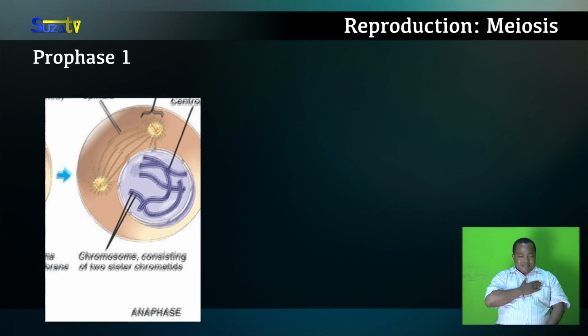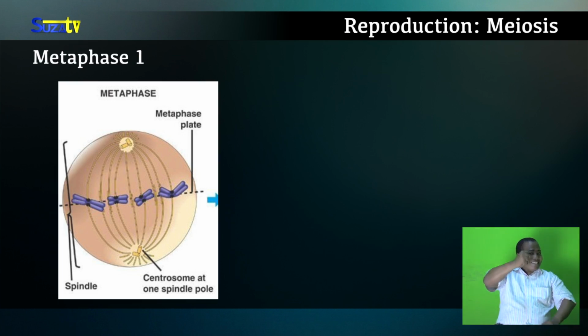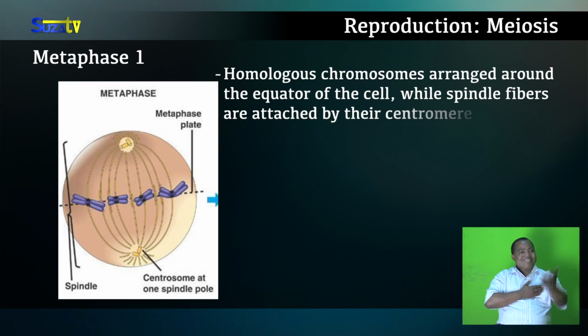Thank you. After this stage, let's go to the next stage, which is metaphase I. Can you tell me what happens in this stage, please? Yes, Asha. Homologous chromosomes are arranged around the equator of the cell, while spindle fibers attach to the centrioles.